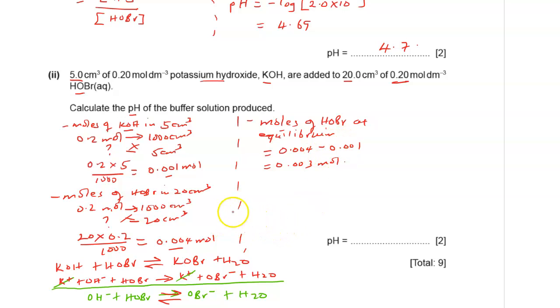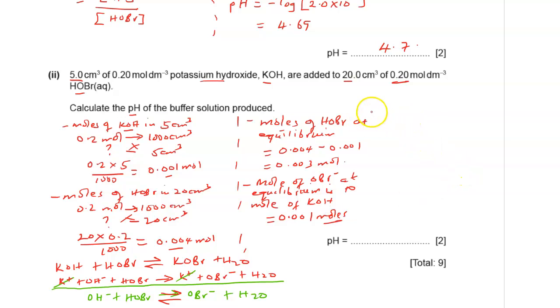So moles of OBr ion at equilibrium is equal to the moles of KOH, and that will be 0.001 moles.